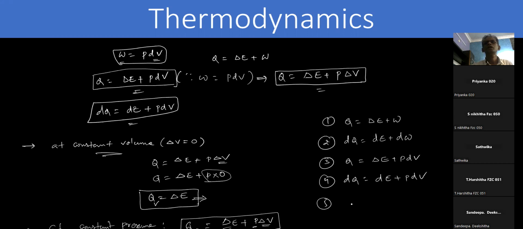Fifth one is Q equals delta E plus P delta V. All these are expressions for the first law of thermodynamics. You use any equation, that is correct. Whichever you write among all these five, it is a correct expression of the first law of thermodynamics.